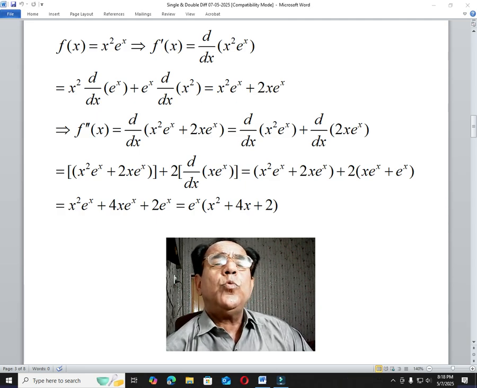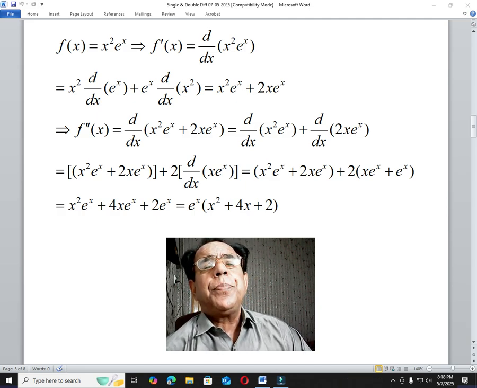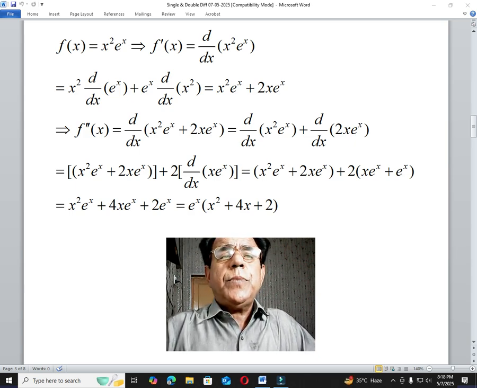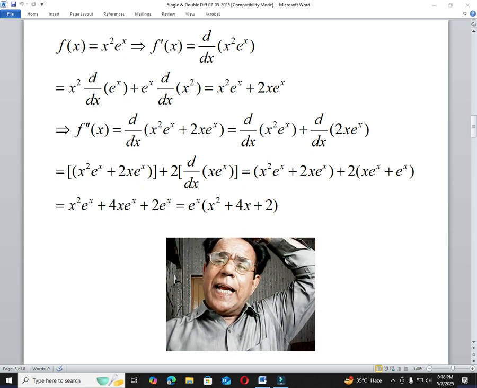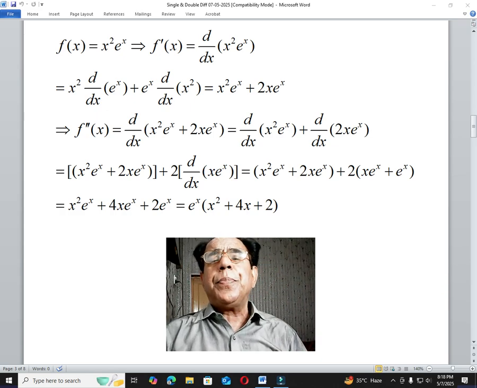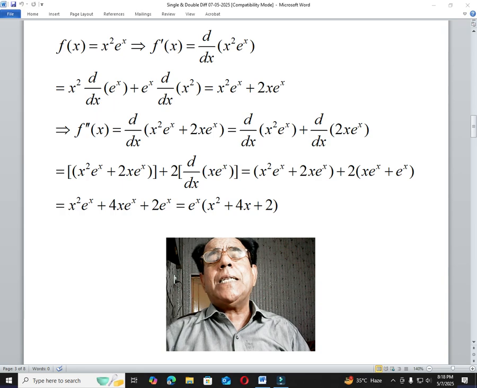Here x into e raised to power x. One time we will differentiate x with respect to x and its answer will become 1, and e^x will be kept as constant and it will remain as it is.